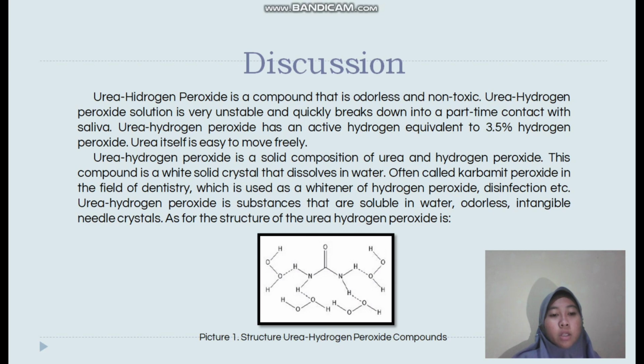This compound is a white solid crystal dissolved in water, often called carbamide peroxide, and is also a source of hydrogen peroxide. Hydrogen peroxide is a substance that dissolves in water.